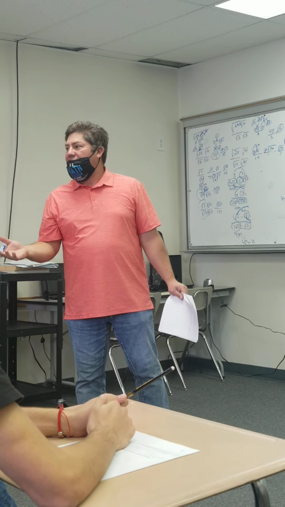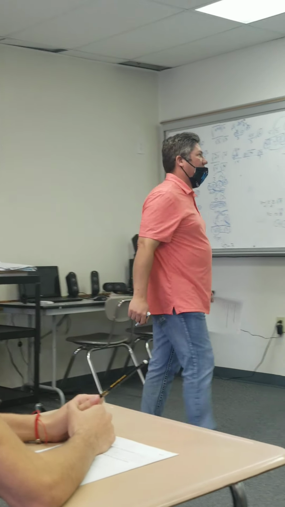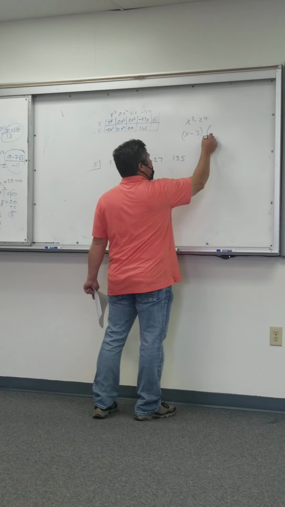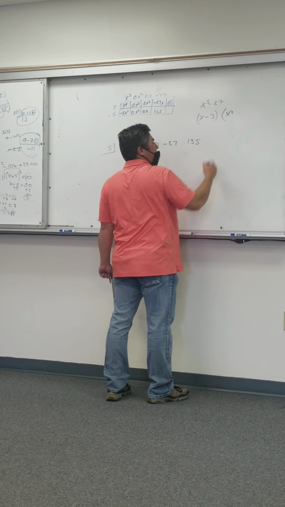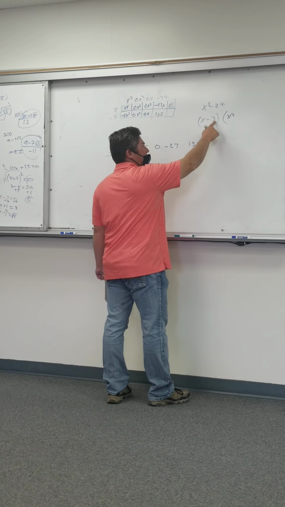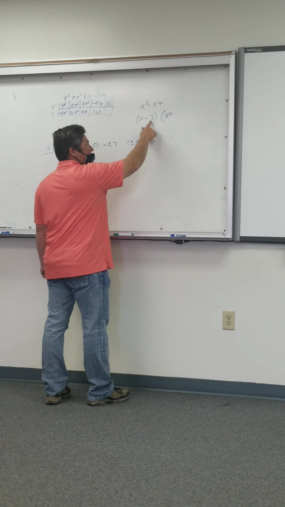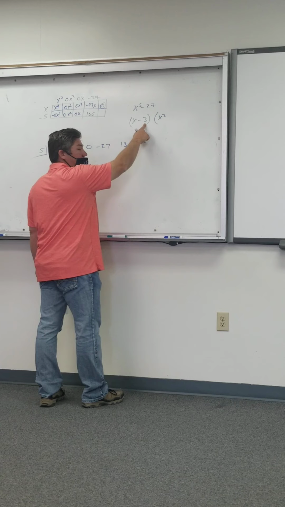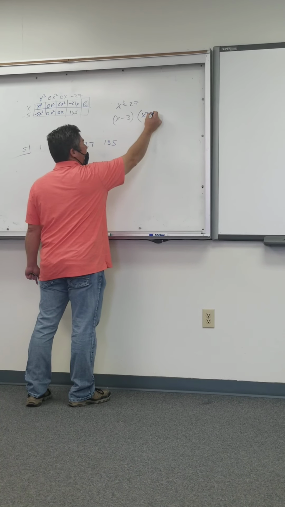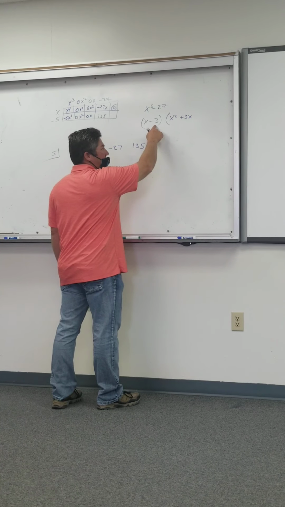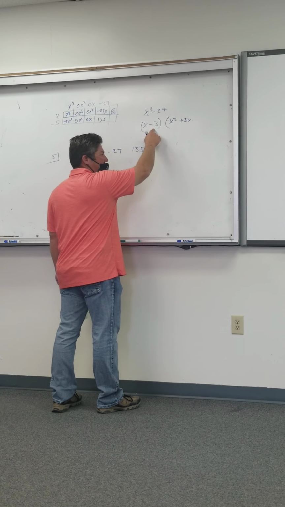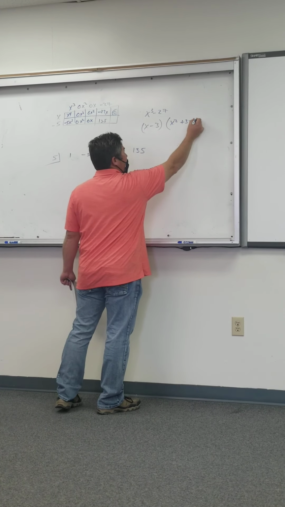How I got that? Now, here's how you get the next factor. This is still pretty easy. Take the first term squared. First term times the second term, opposite sign. X times negative 3 is negative 3x. Opposite sign is what? Plus 3x. Last term squared. Negative times a negative, 3 squared is 9.